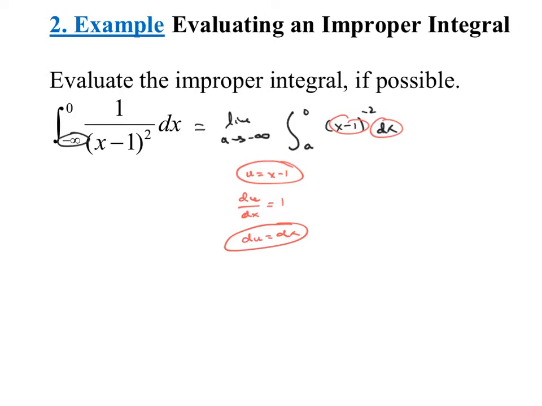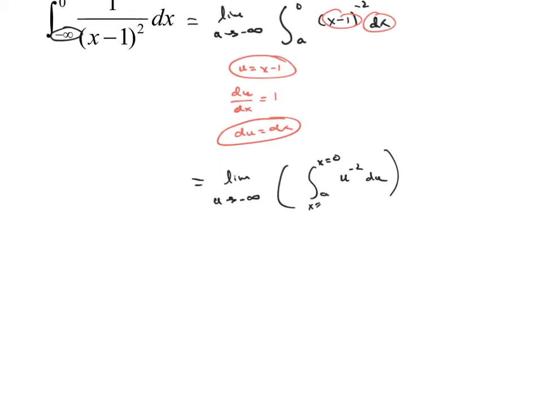So this is equal to the limit as a approaches negative infinity of the integral from, technically we should write x equals a, to x equals 0 of u to the negative 2 du. So that is something that I can integrate.